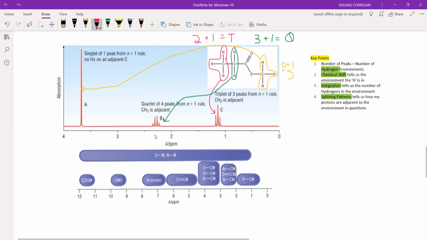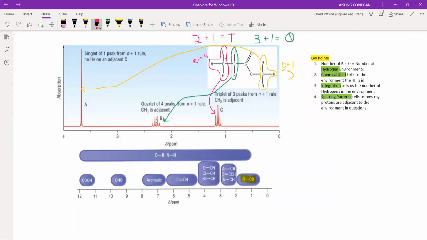And if I look at the figures at the bottom, I can see that it's around the 1. And that's actually producing an R CH group over here. So we've got all this, and it just gives us an insight as to what it might be.